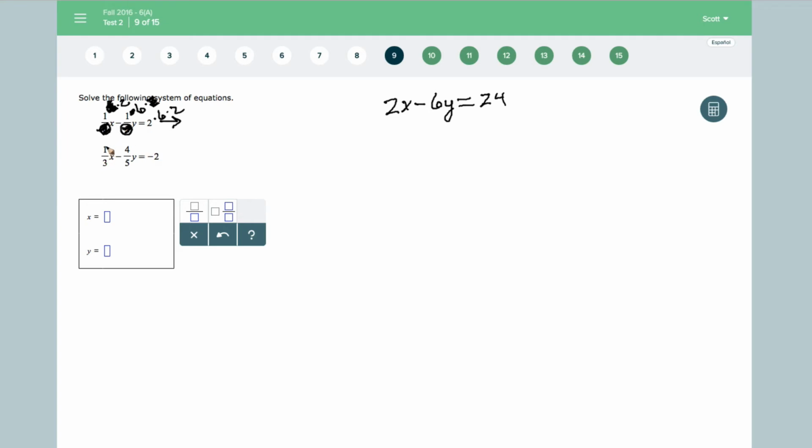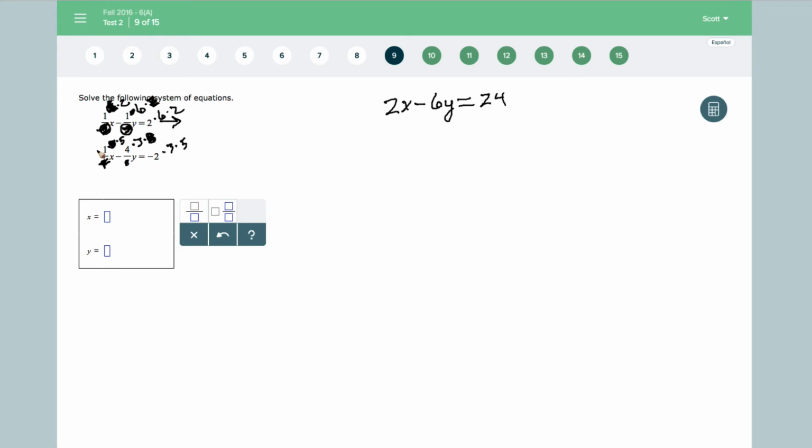And I do the same thing here. Times 3 times 5 times 3 times 5 times 3 times 5. And I go through and solve these and simplify. So I cancel out the 3's, cancel out the 5's, and there's no denominator here.